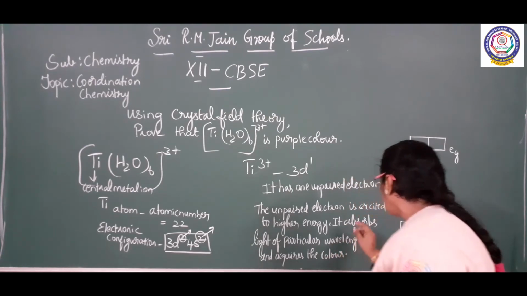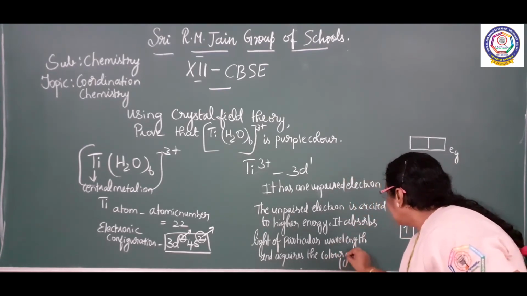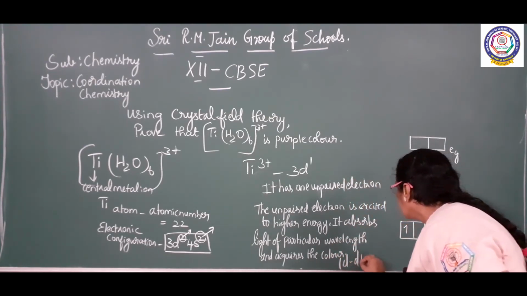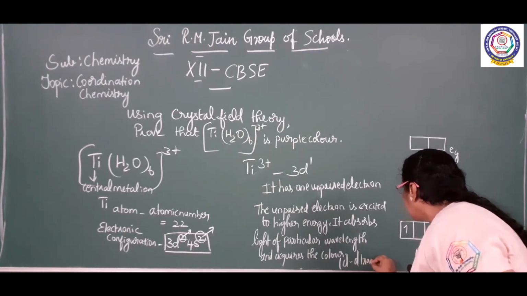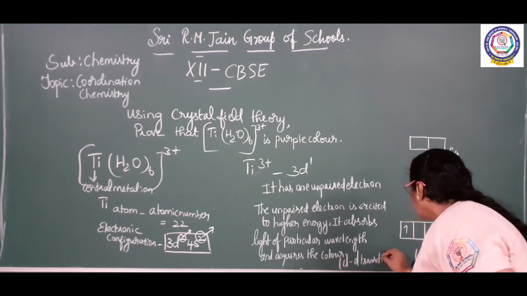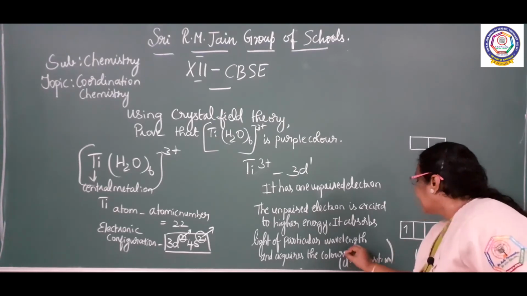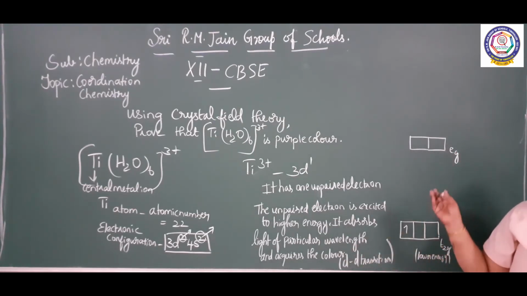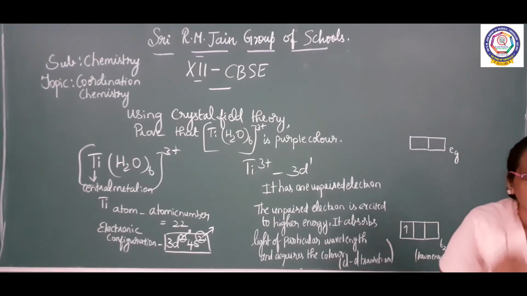So we can call this d-d transition. What is d-d transition? The electron in the lower energy level is promoted or excited to the higher energy level. We call it d-d transition.